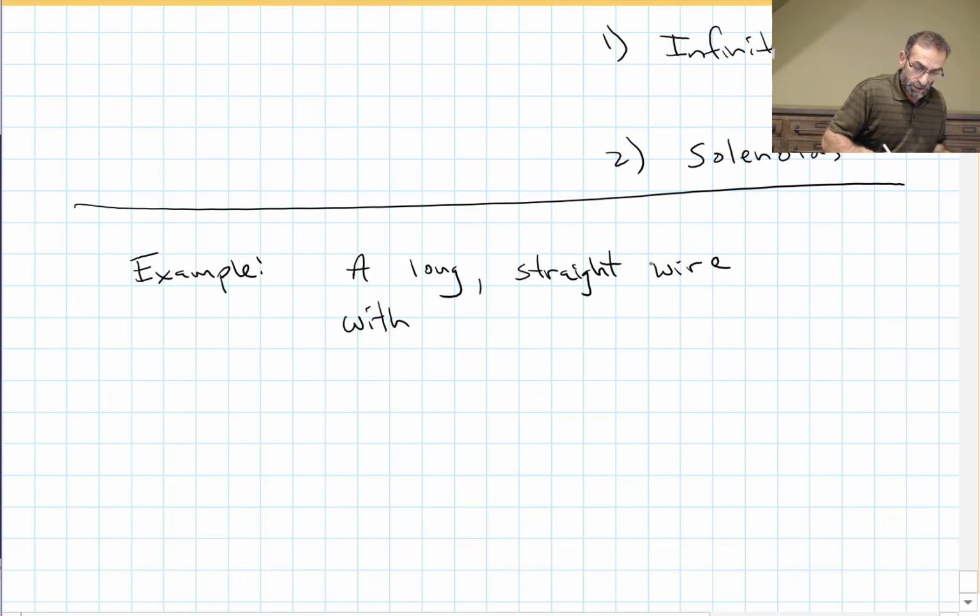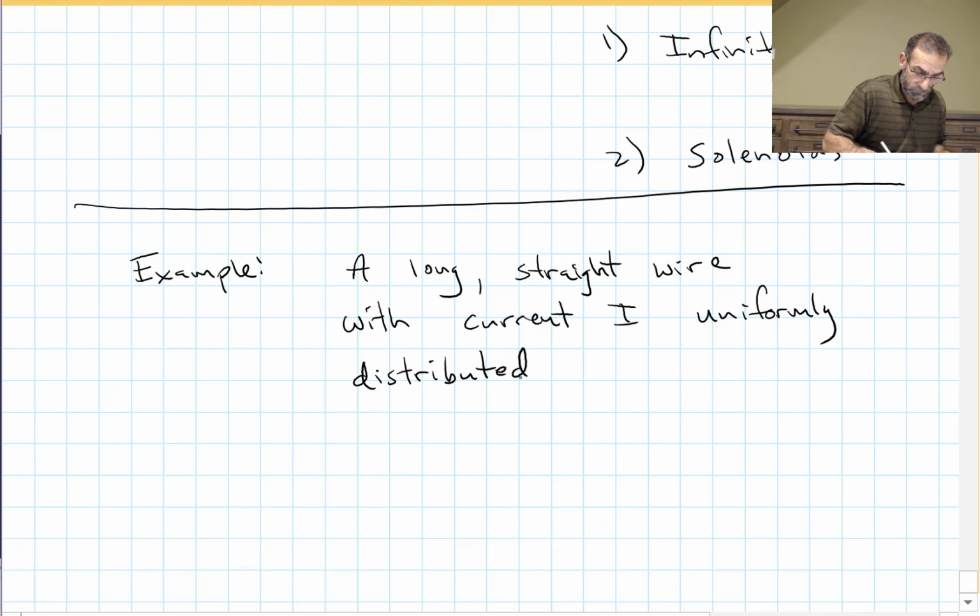A long straight wire with current I uniformly distributed over the cross section of the wire.